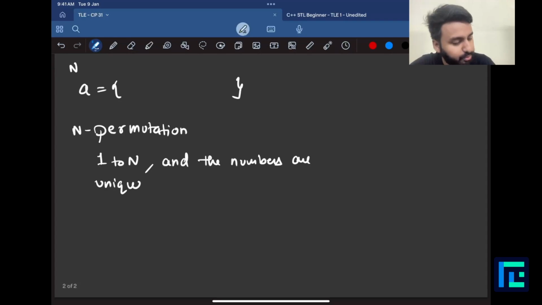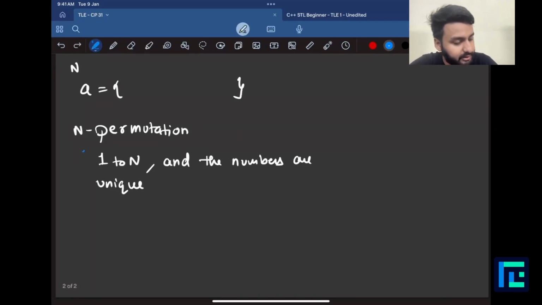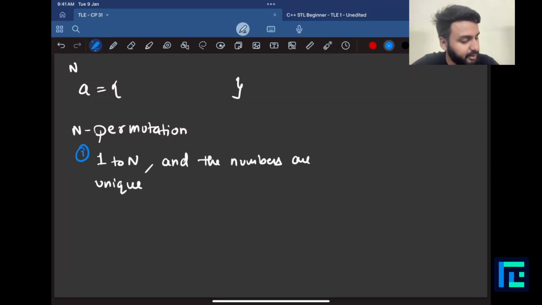These are the main 2 points when I talk about a permutation. So this is point number 1, you have the numbers from 1 to n, and this is point number 2, numbers are unique. What does this mean? Simply means that let's say I have n equals to, let's say 5. That means I will have all the numbers from 1 to 5 coming in this array. That's point number 1. And numbers are going to be unique, as in every number is going to come only once. So I can have them in any order, right?